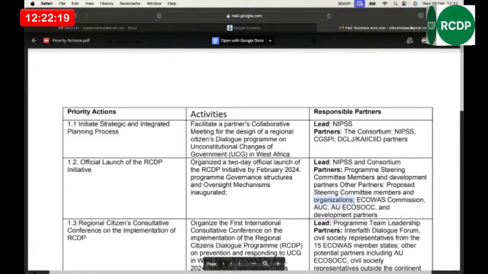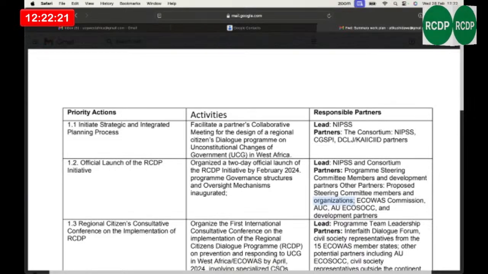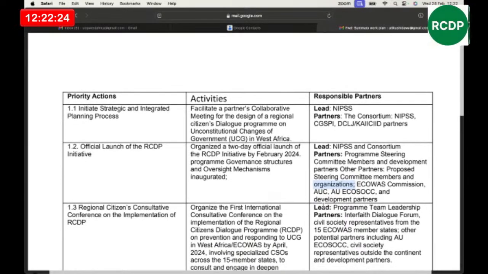I think in a nutshell, these are the various activities we hope to pursue this year in 2024.